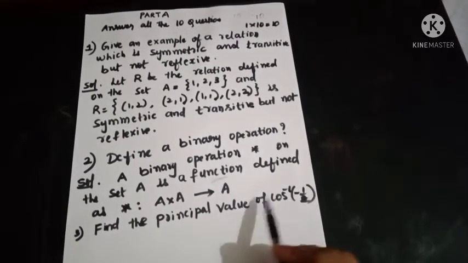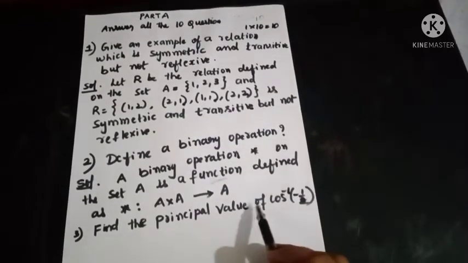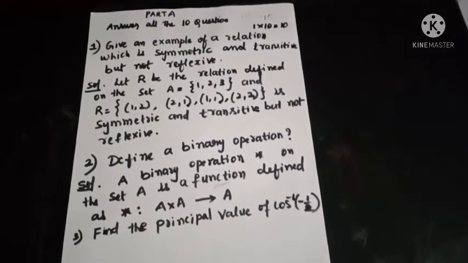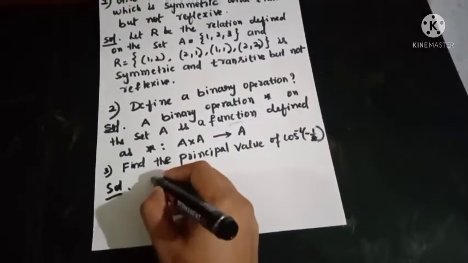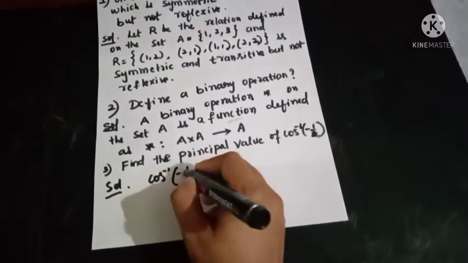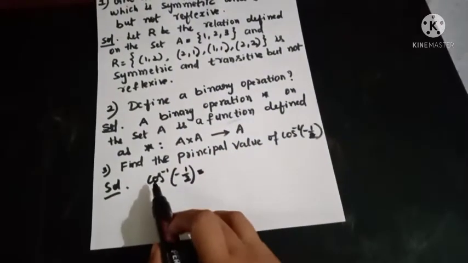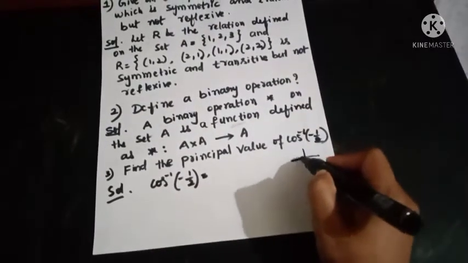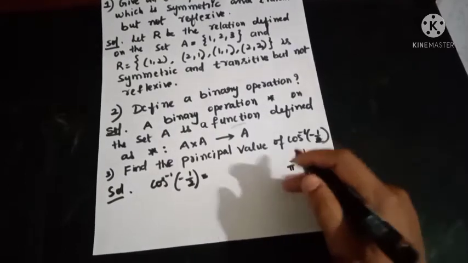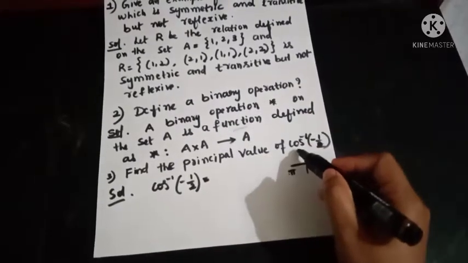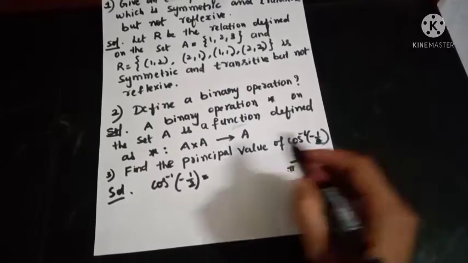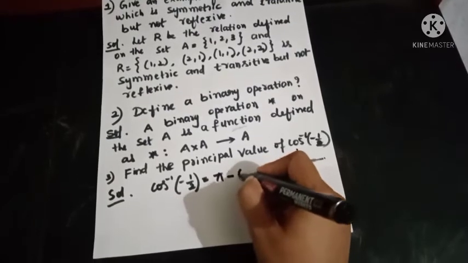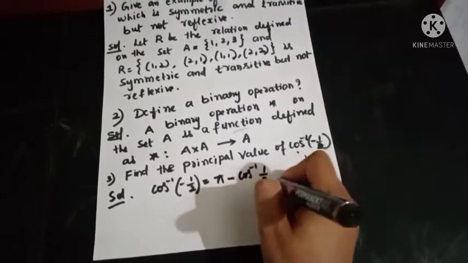The third question is, find the principal value of cos inverse of minus 1 by 2. Cos will be negative in the third quadrant, so the angle is pi minus cos inverse of 1 by 2.